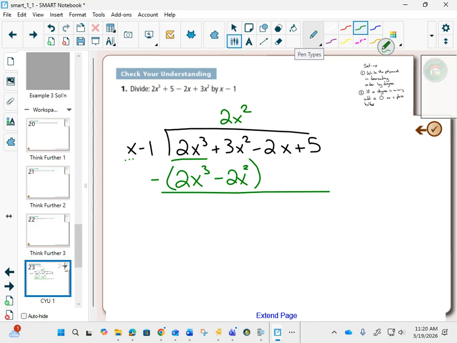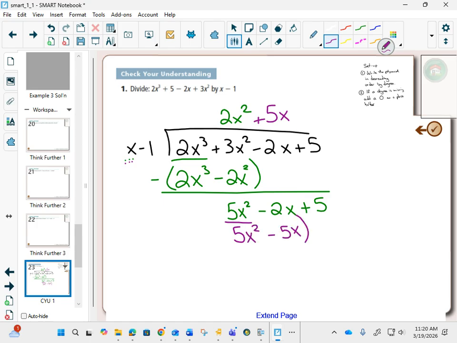Be careful with your mental math. So only look up if you want to check if you're going right along the way.